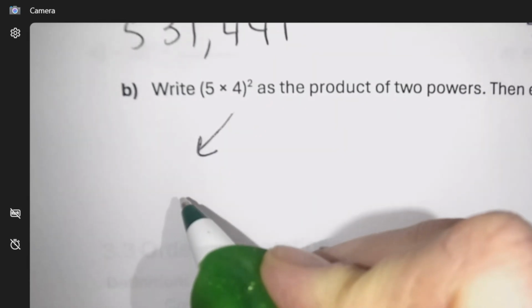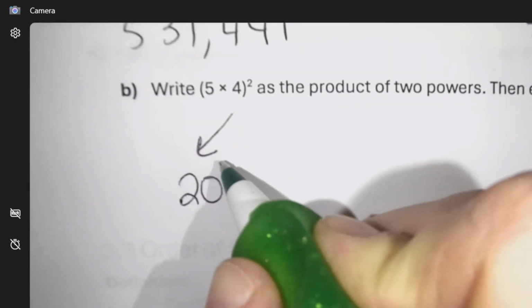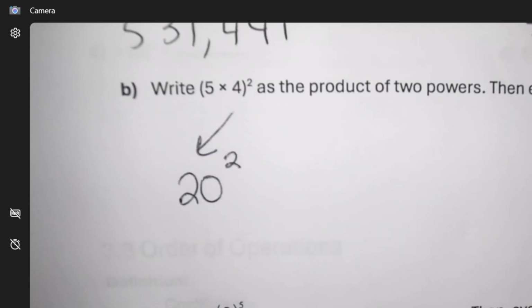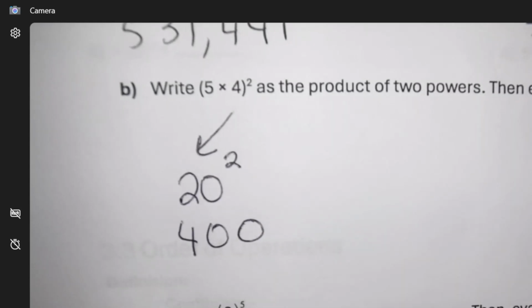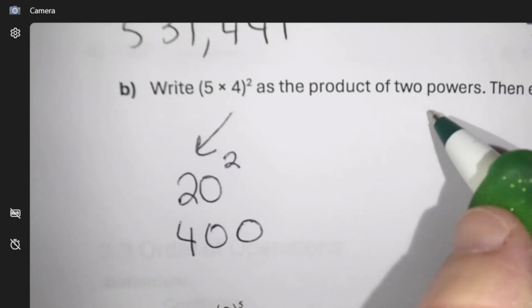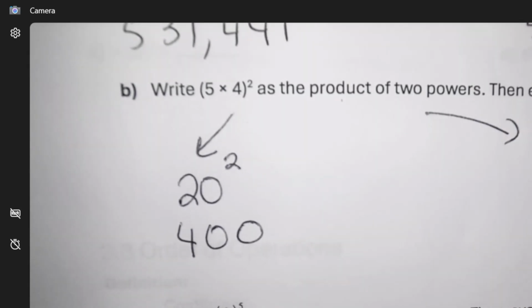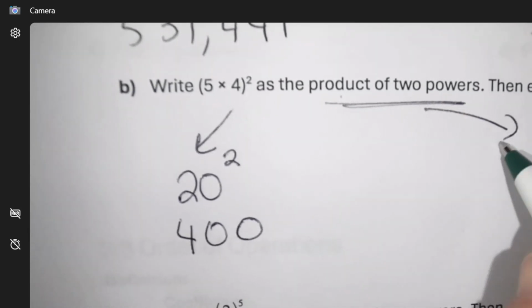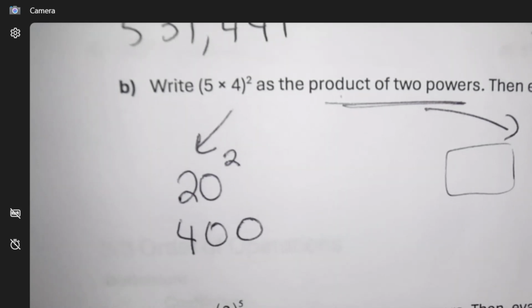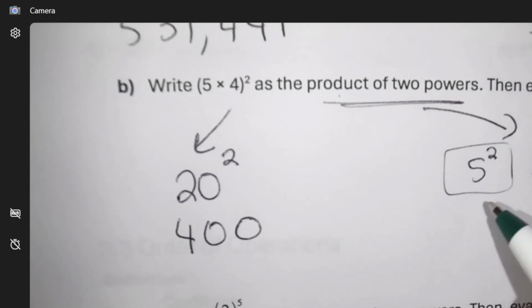So the first way would be, what if I did the bracket first? What do you get in the bracket? 20 and then squared. What's 2 times 2? 400. You need 2 zeros on it because if you have a 0 and another 0, it will make 2 zeros. What's another way I could write it as a product of 2 powers? 5 squared times 4 squared.